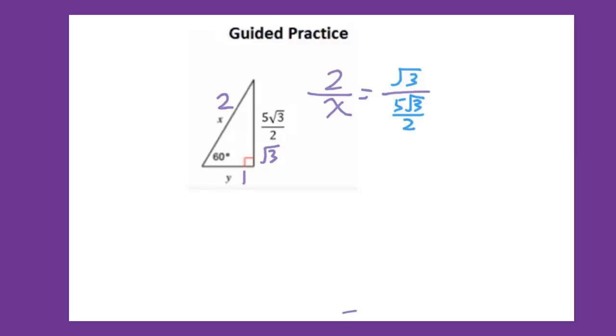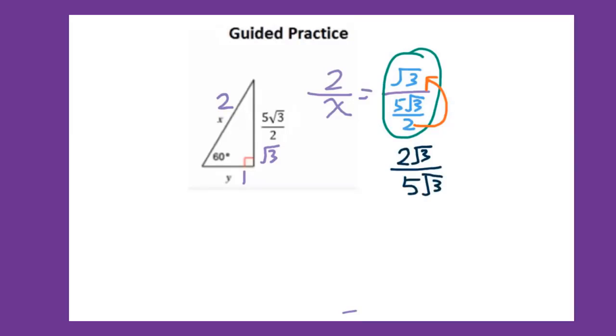Then this will be a complex fraction. We focus on the denominator, this 2, and jump to the top. Therefore, we got 2 square root of 3 over 5 square root of 3. On the left side, still 2 over x.